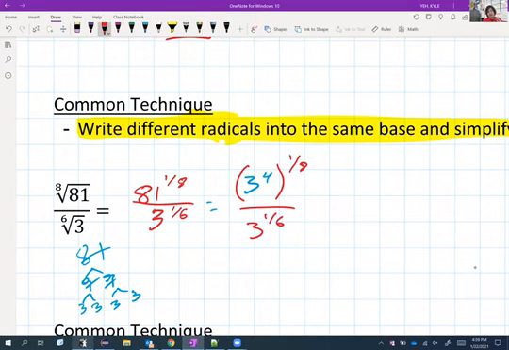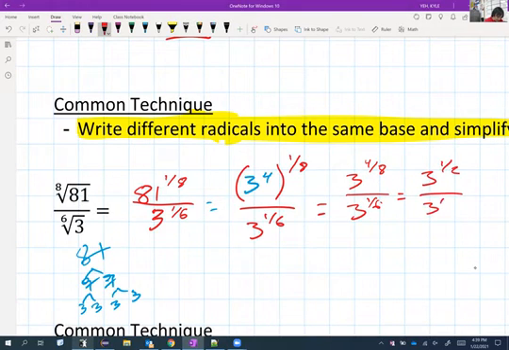Now it's looking promising because it's 3 to the something over 3 to the something. We can use our exponent rules if it's the same base. I'm going to use one of my exponent rules, power to a power. 3 to the 4 times 1/8, so 4/8, which is just 1/2, I can recognize, over 3 to the 1/6. So 3 to the 1/2 over 3 to the 1/6.